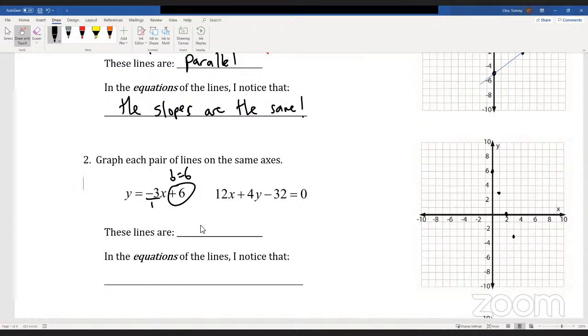And there's our line. For this one here, depending on how you solved it, you still get the same answer, but the method might be different. Some of you may have rearranged this equation. If you rearrange the equation, you should have gotten y equals -3x plus 8.